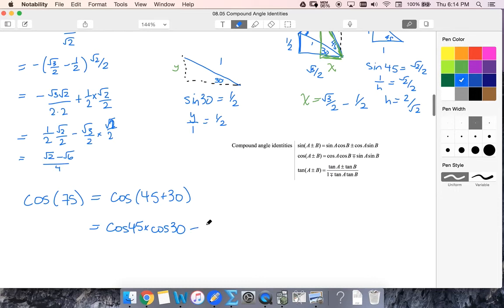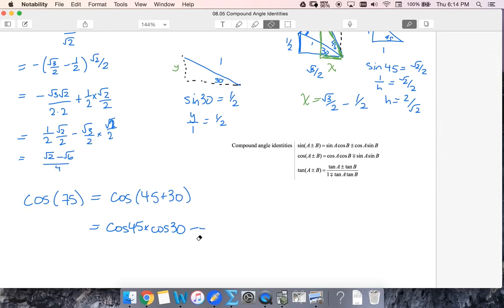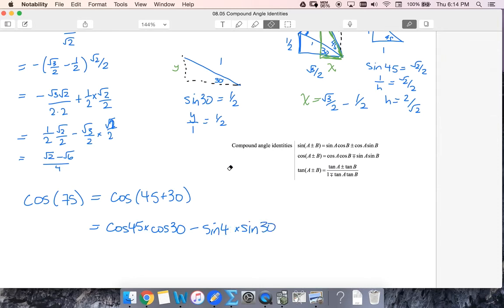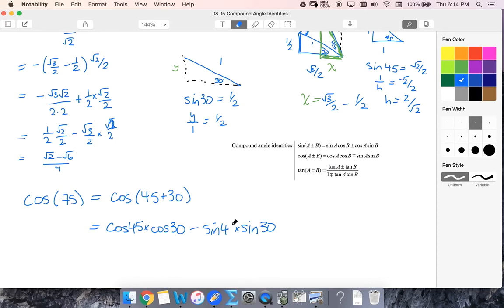So now I have to go minus sine of 45 times sine of 30. Let's pretend that I wrote what I said. All right, so that's root 2 over 2 times root 3 over 2 minus root 2 over 2 times 1/2.